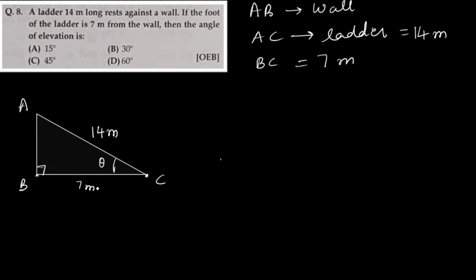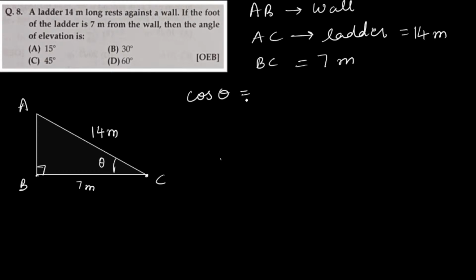Now which trigonometric ratio should we use? With respect to the angle, BC is the base, adjacent, and AC is the hypotenuse. So we can use cos theta.